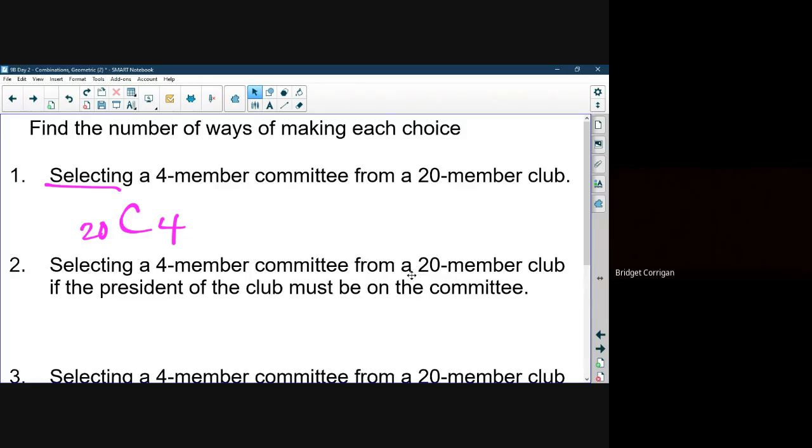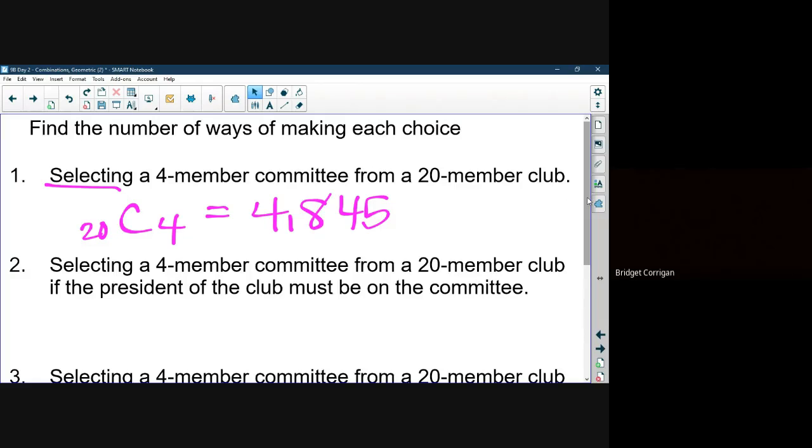You don't have to write out the whole formula and solve it; now that you know how to enter it into the calculator, you can use the calculator. You should have gotten 4,845. So there are almost 5,000 different ways you can choose 4 people out of 20 in a group.